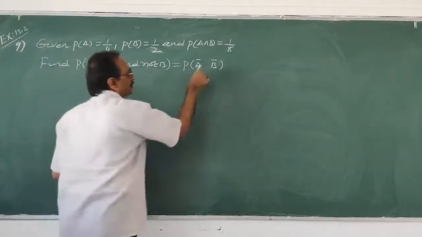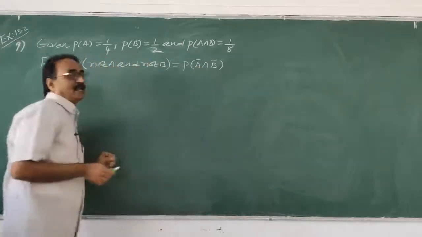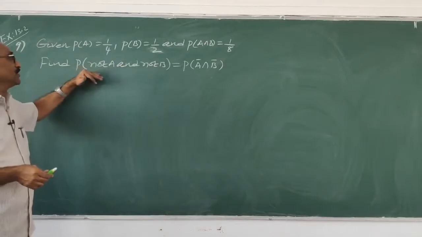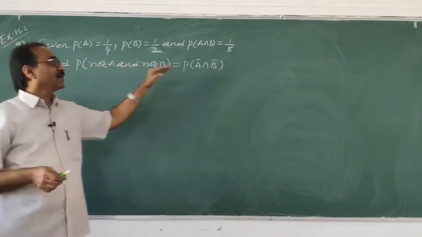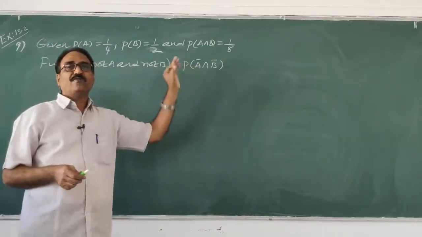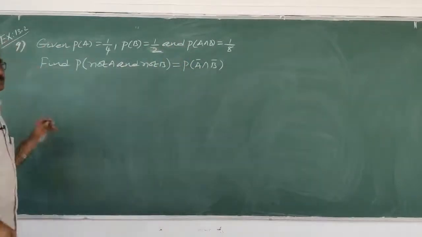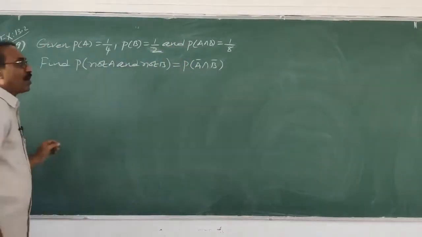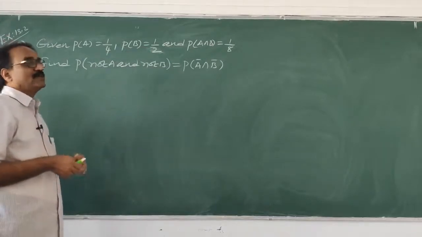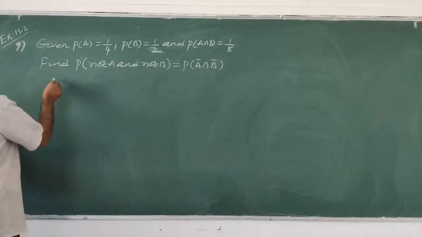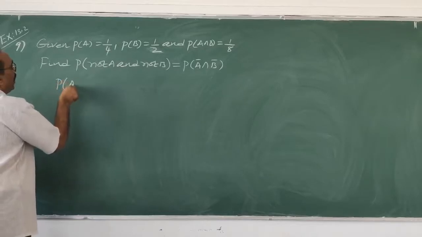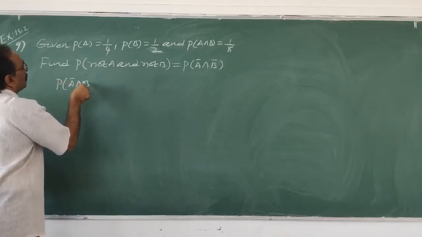And means intersection. So P of A bar intersection B bar is being asked. This is all set theory. So P of A bar intersection B bar, I will write here.